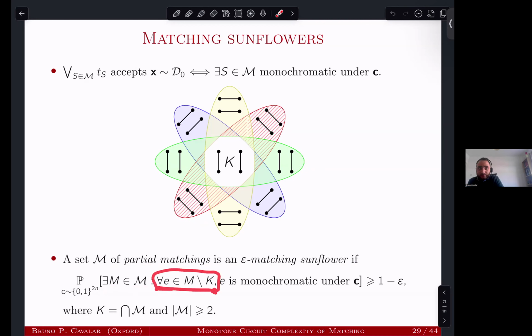I think this is the key idea, or one of the two key ideas. They're stating that this matching sunflower definition is what you need to approximate monotone circuits on the distributions I gave with DNFs.